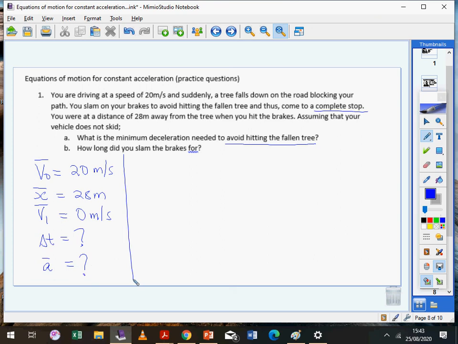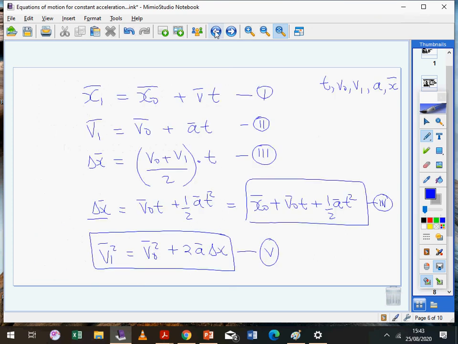Which of these 5 equations can you use to solve for acceleration? Can we use the first one? No, it doesn't have acceleration. This one has acceleration, but it doesn't have displacement, so we can't use that. This one has displacement, doesn't have acceleration. This one has displacement, acceleration, and time, but it has so many unknowns because we don't have either time or acceleration.